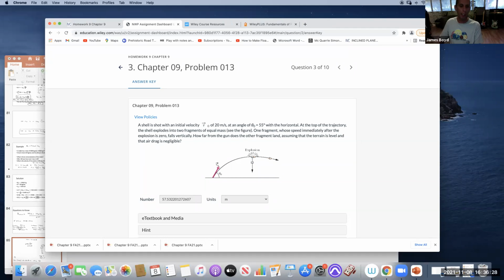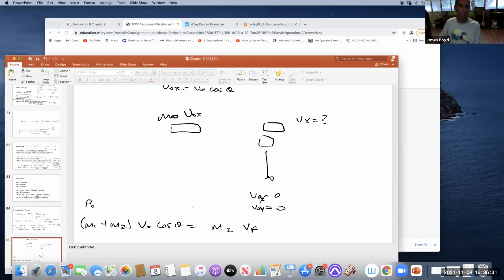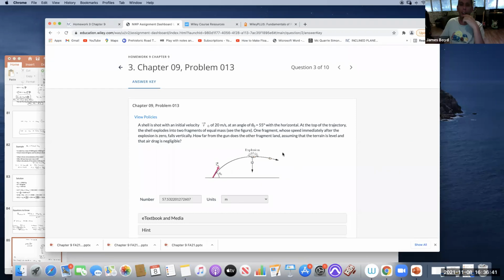They're both equal mass, so that means that this is 2m and this is m. So v final is 2 v naught cos theta, which means it's double the speed, which means it lands twice as far away.